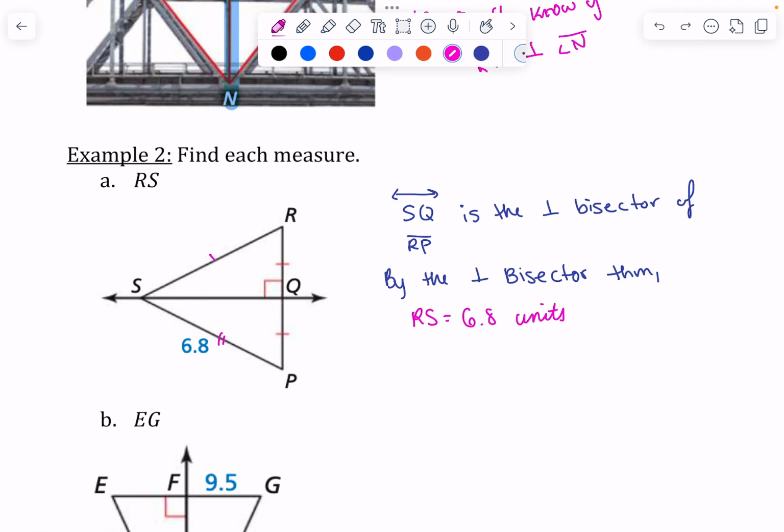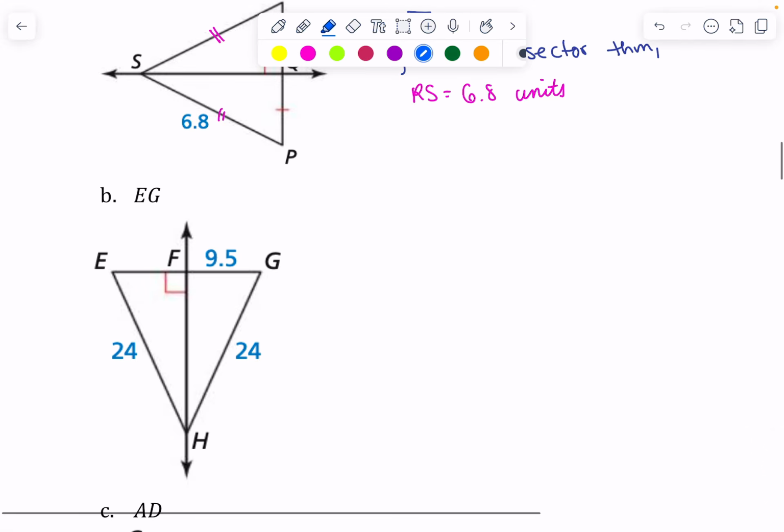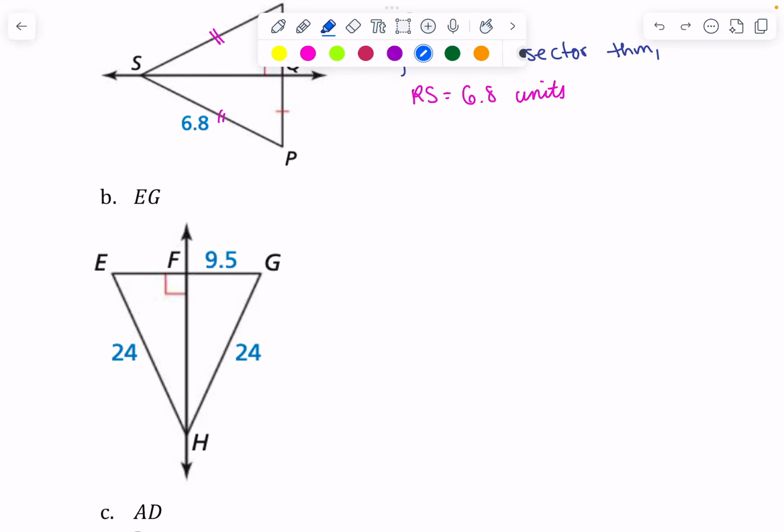All right. Next one. We want to find EG. Now, what information are we given? We do know that this is a 90-degree angle, but we don't know if this is equal to this yet. What we do know is that this segment is congruent to this segment.